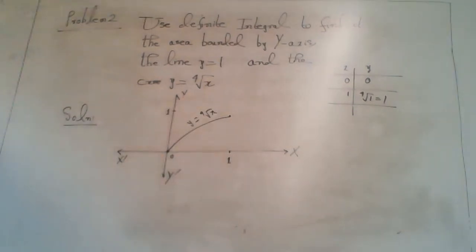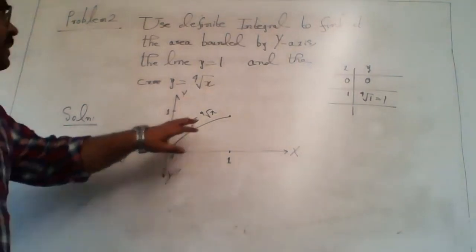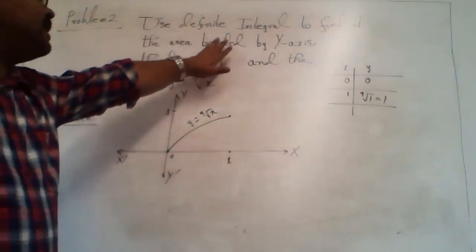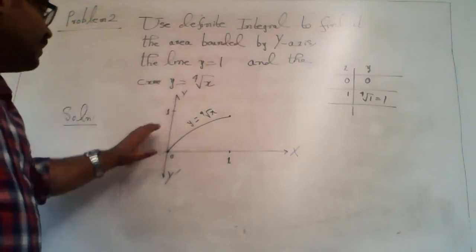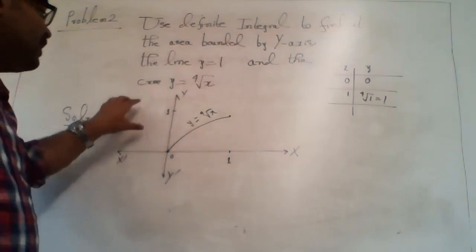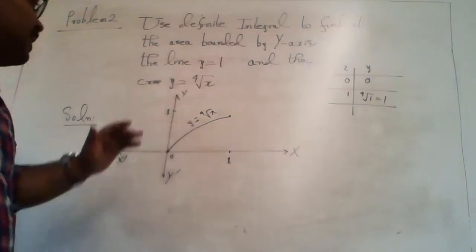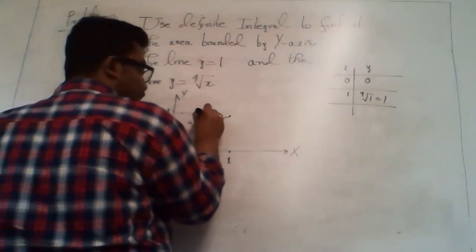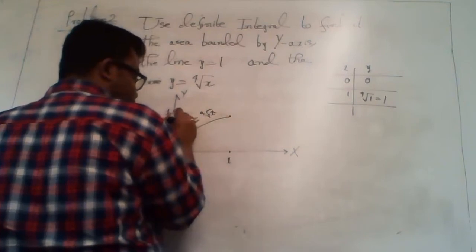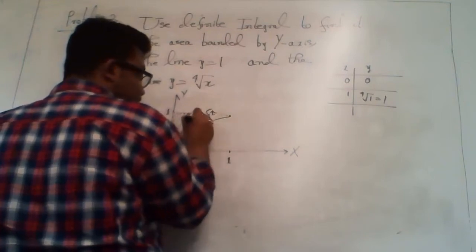Now I have to find this area. Use definite integral to find the area bounded by the y-axis, the line y equals 1 and this curve. That means basically I need to find this area. This is my required area.